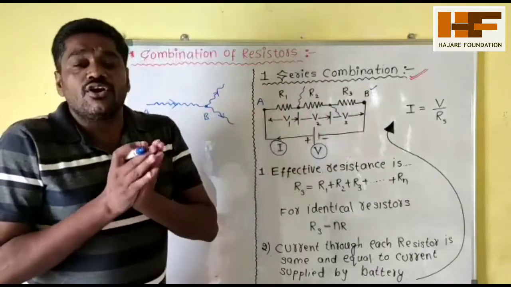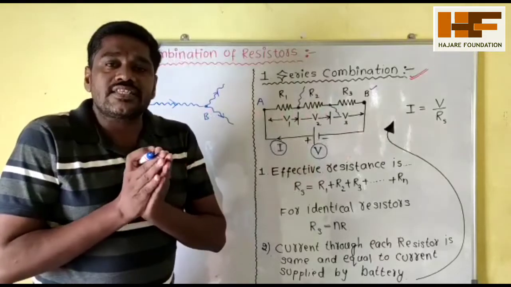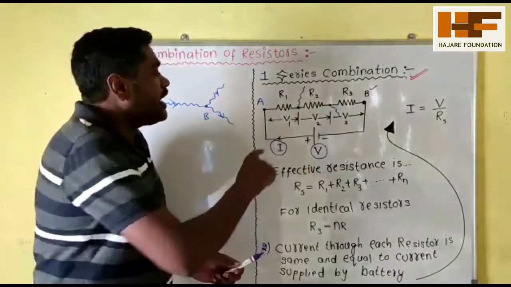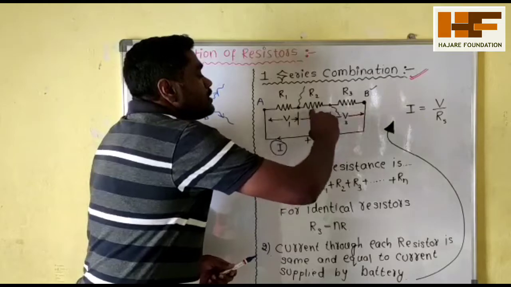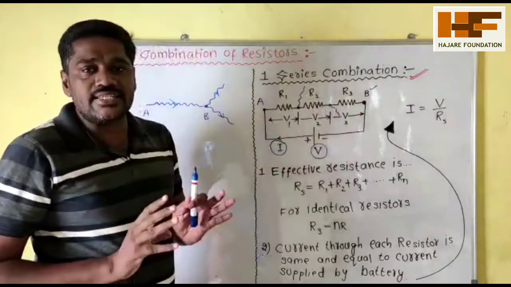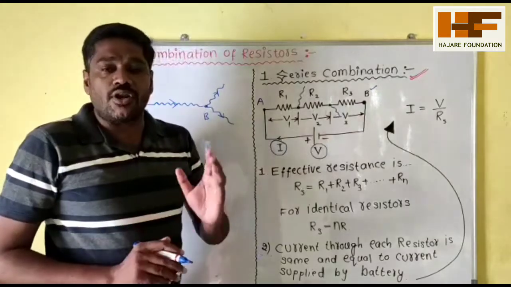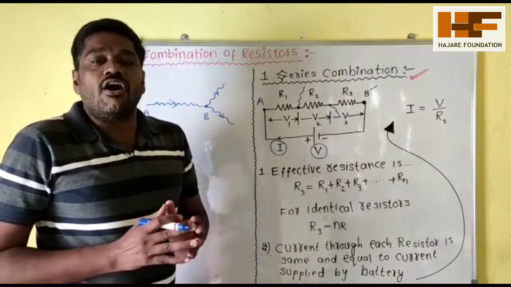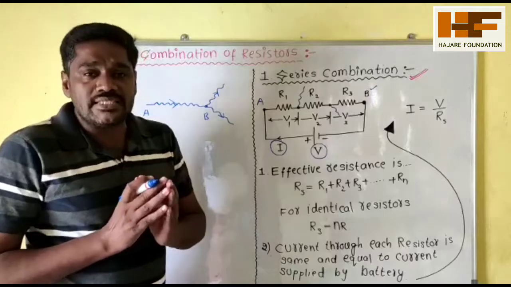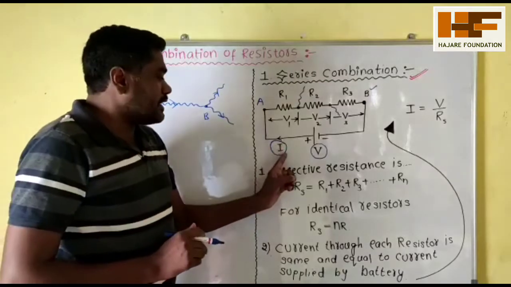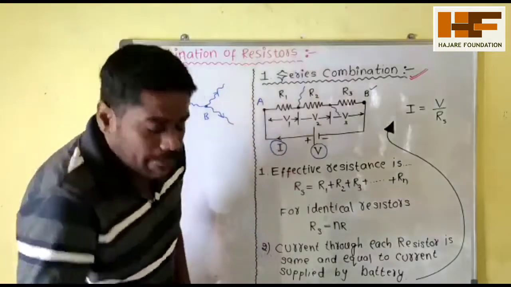Therefore, to say all resistors are in series, the same amount of current should pass through each resistor. In the series combination, all resistors have the same current, equal to the current supplied by the battery.